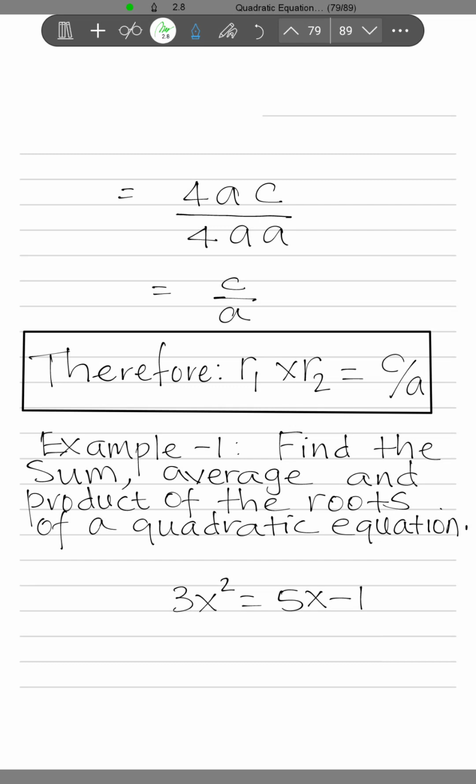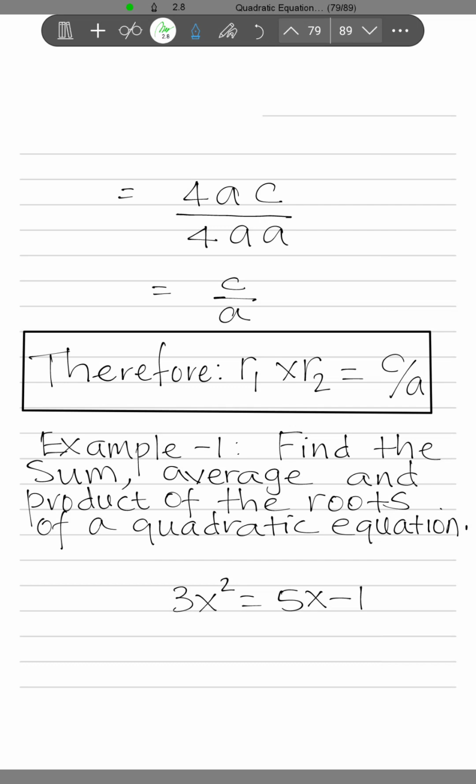We need to know the general formula for a quadratic equation. Not much, but it's good to know the sum and the product and the average of the two roots of a given quadratic equation. So now we have the product of the roots of a quadratic equation is c over a.